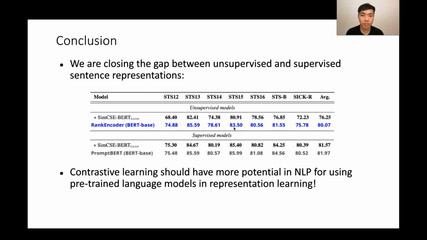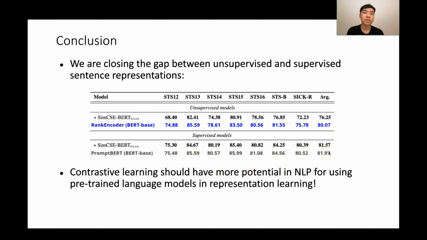Okay, so that's all the content I want to show you today. And the conclusion I have here is that at the beginning, SynCSE told us the gap between the unsupervised model and the supervised model is still very large. But after a lot of papers continued working on this direction to improve the SynCSE model, the performance of an unsupervised Rank Encoder is now comparable with a supervised SynCSE or a supervised PromBERT.